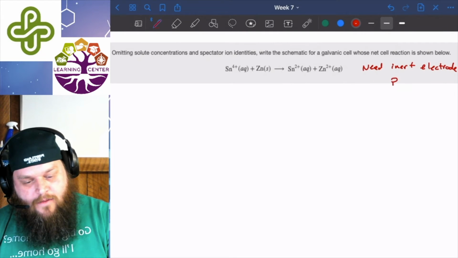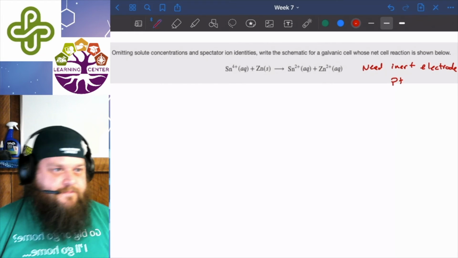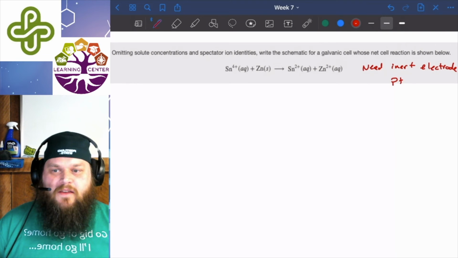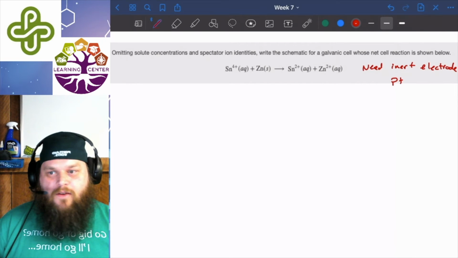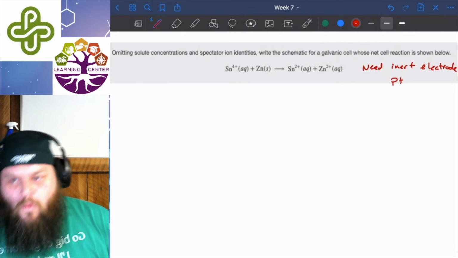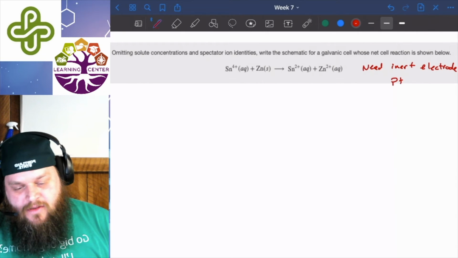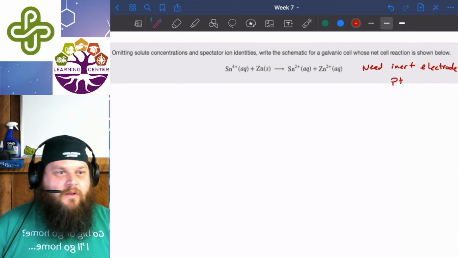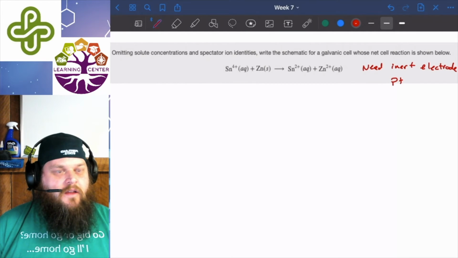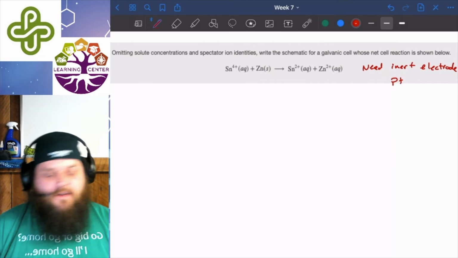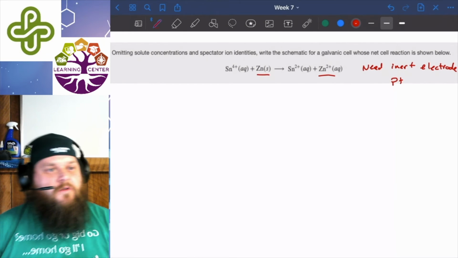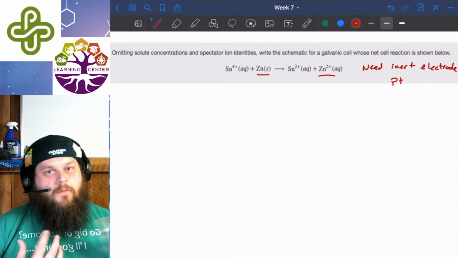So for that, use platinum. That's what they used previously. It's a good one. It doesn't really like to give off a lot of electrons in that regard. And we can then write out what's going on with these reactions. Looking at the one, it's always the anode as the start. The anode is the oxidation. The oxidation is the one that's losing electrons, which is going to be our zinc, because our zinc is going from a neutral charge to a positive charge, becoming more positive.